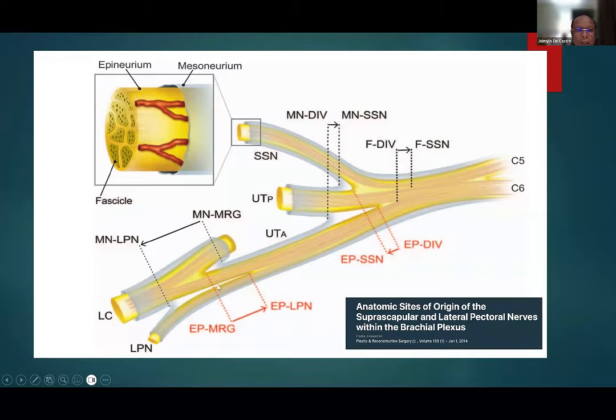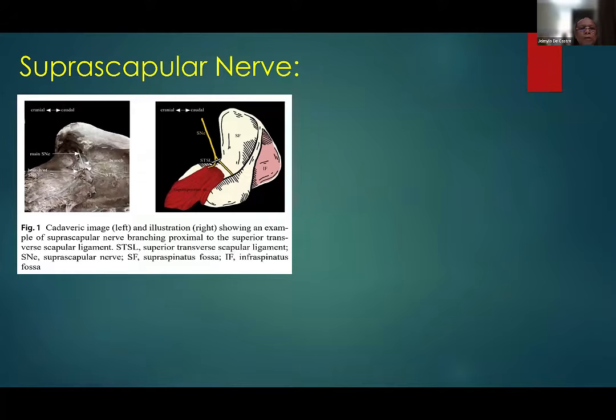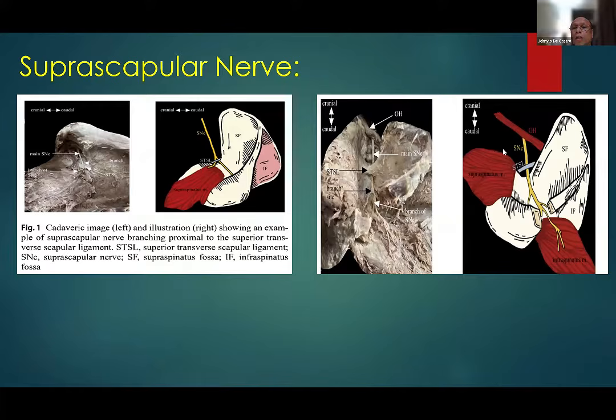So you can see here that this primarily arises from these two root levels of the brachial plexus. The suprascapular nerve is a unique nerve because it has a longer route. It enters the scapula through the transverse scapular ligament, which is located above the supraspinous fossa, and then at the spinoglenoid notch.